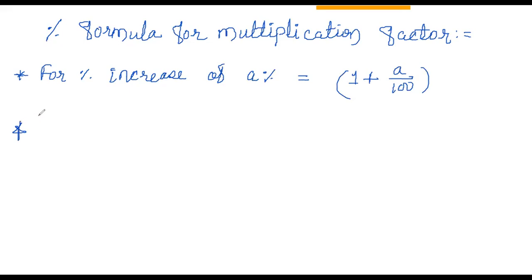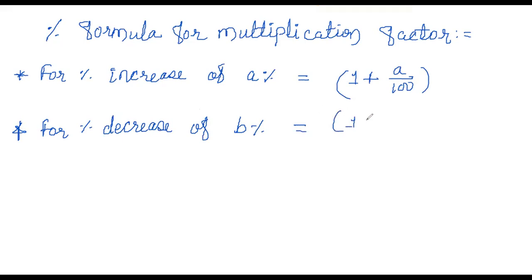And in case of a decrease of b percent, the multiplication factor is equal to 1 minus b upon 100. So if it is an increase, we use 1 plus a upon 100. If it is a decrease, we use 1 minus b upon 100.